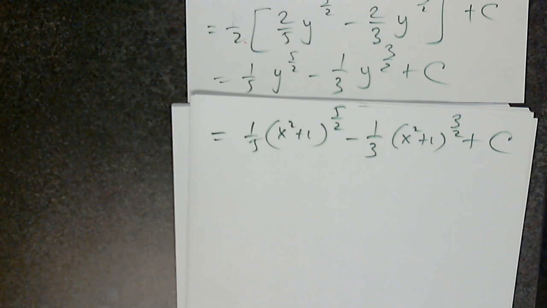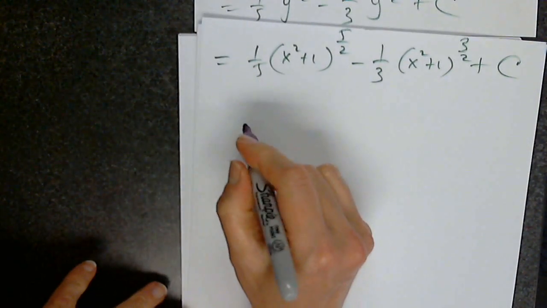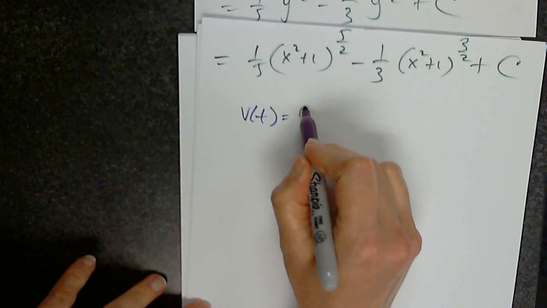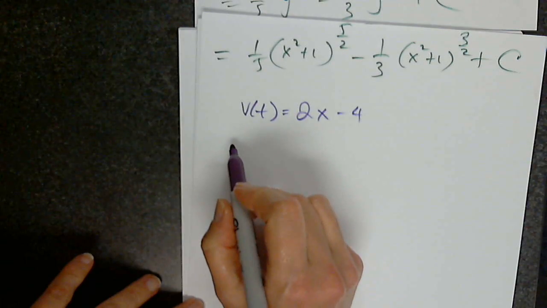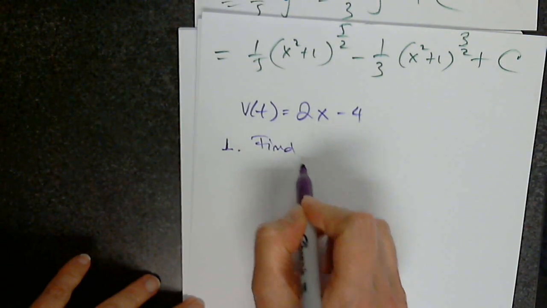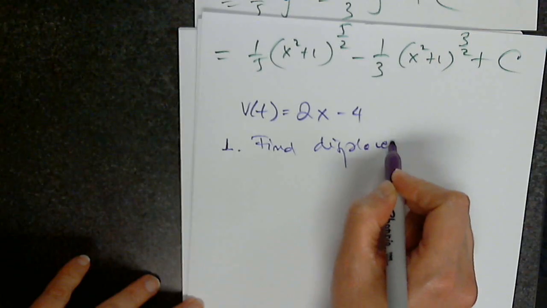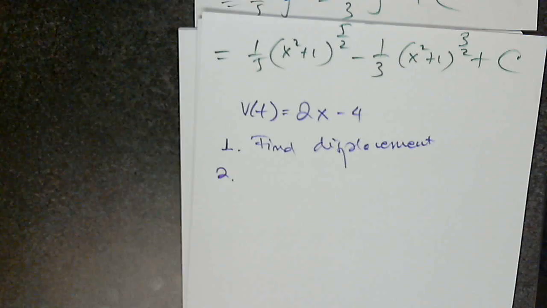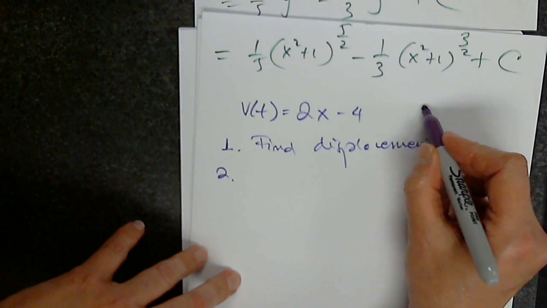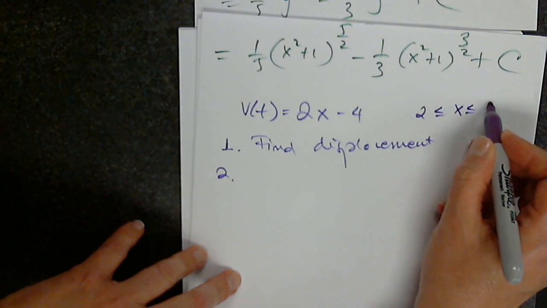Okay, so can we do something else now? Okay, so I am given the velocity as 2x minus 4. And I'm asked two things. One, find displacement. Number two, the distance traveled by the particle during the given time interval, and I'm going to choose between 2 and 4.